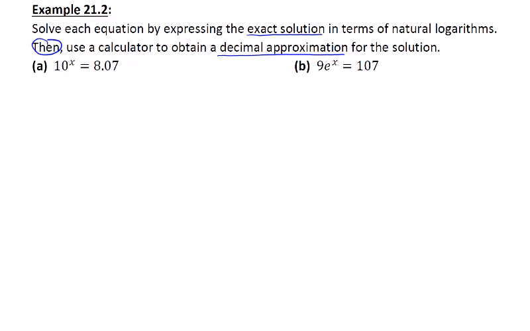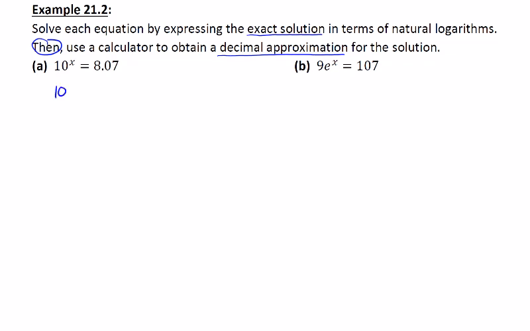And the reason why the one-to-one property doesn't always apply is because the numbers don't always have nice power representations with the bases that are available. So for example, with part A, we have 10 raised to the x equals 8.07.